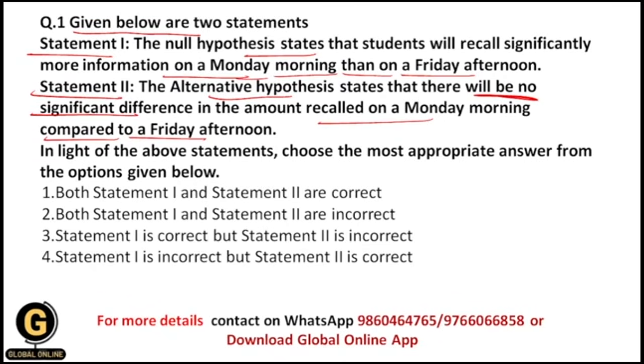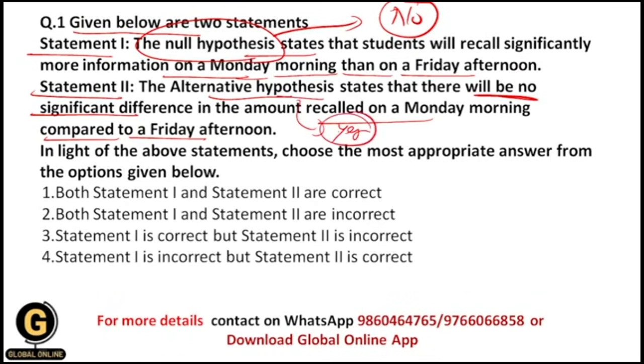So over here students, we need to answer which of these statements are correct or incorrect, all of you getting. And as I have told you earlier in yesterday's video only, null hypothesis states that there is no relationship between the two variables. Okay, no relationship. But alternative hypothesis states that there is a relationship between the two variables.